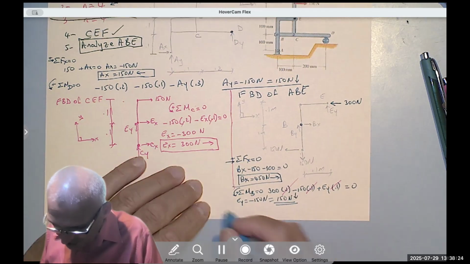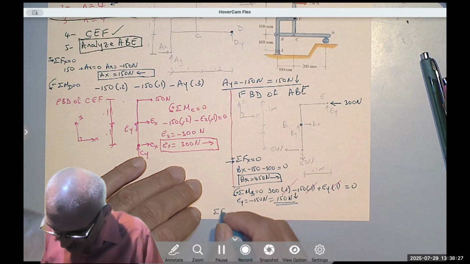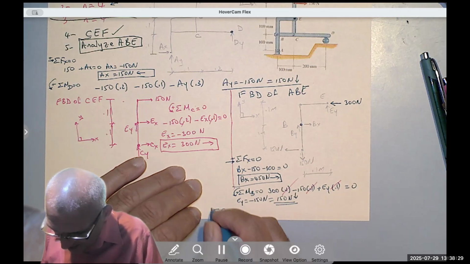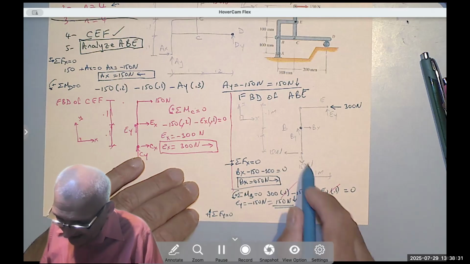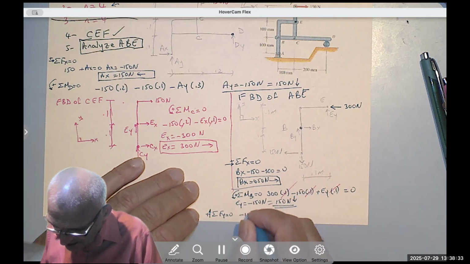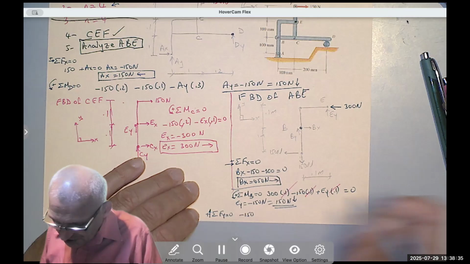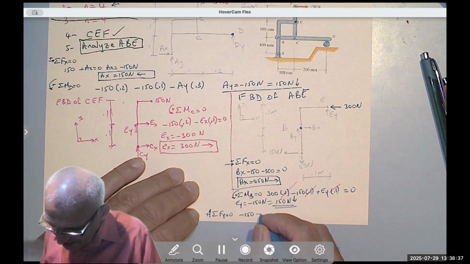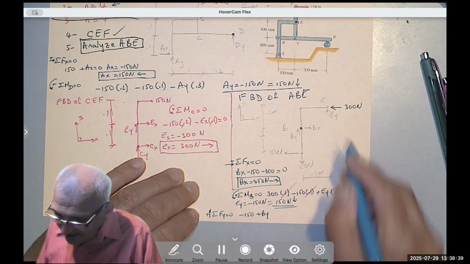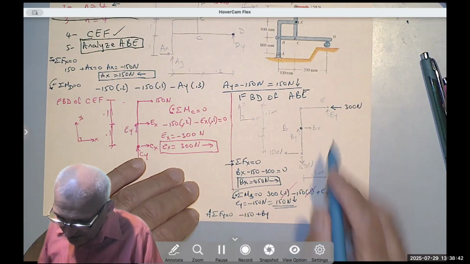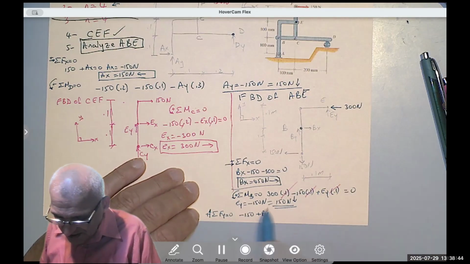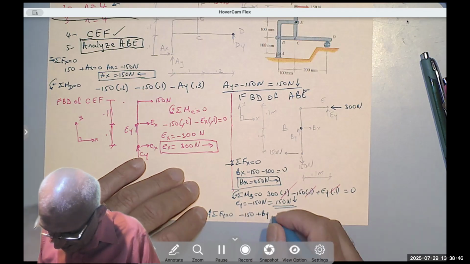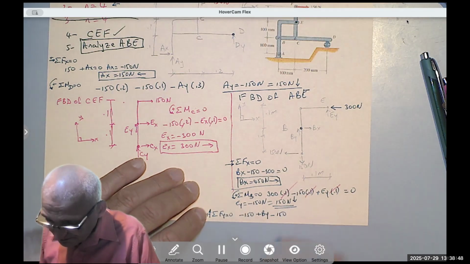And finally, I do summation of the forces in the Y equals 0. Up is positive. I have negative 150. I have BY, which I don't know what it is, so plus BY. I have EY going down. Remember, we found it to be going down, so minus 150.